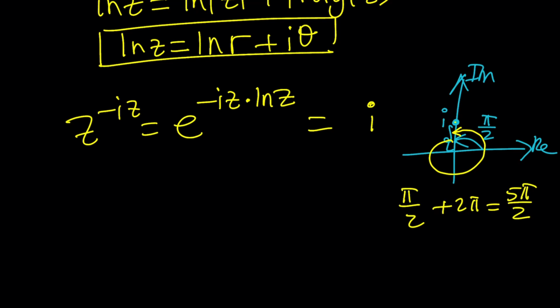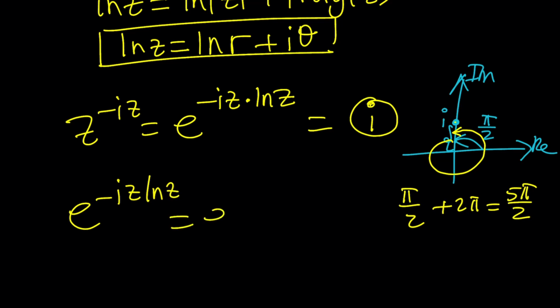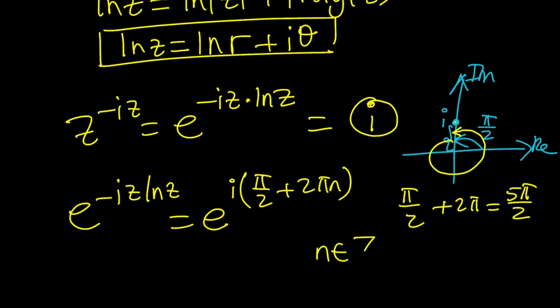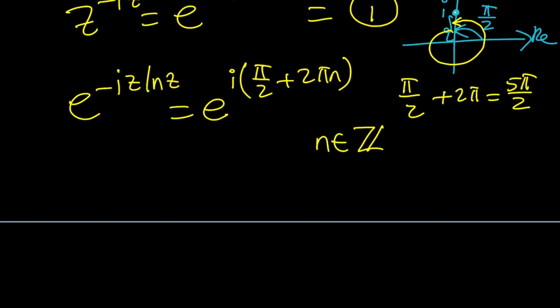So here's what we're going to do. We're going to go ahead and write this as follows. I is e to the power I times pi over 2 plus 2 pi n, where n is an integer, right? That's definitely adding multiples of 2 pi to it, because that's the period. Well, I can go ahead and now set the exponents equal to each other.